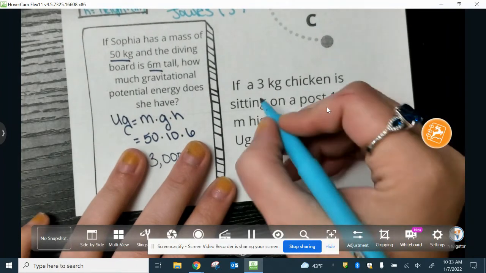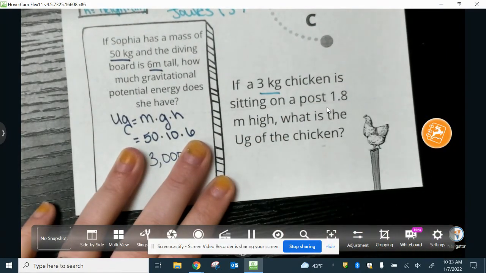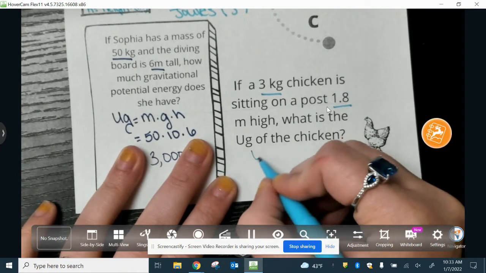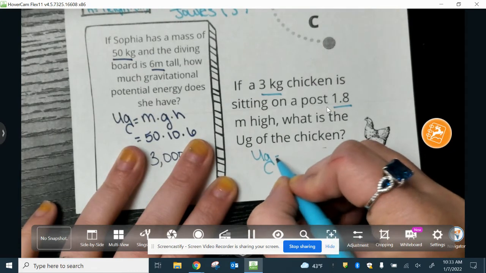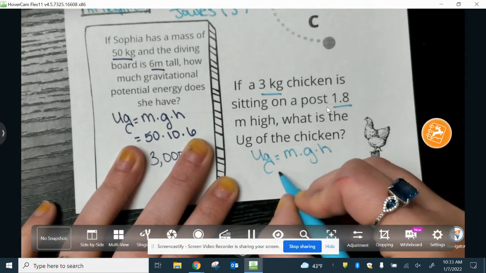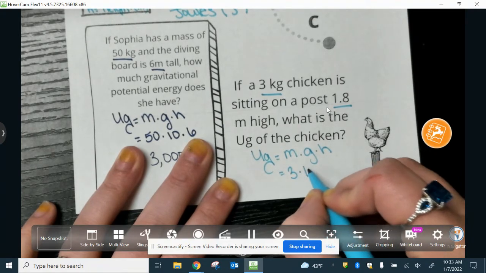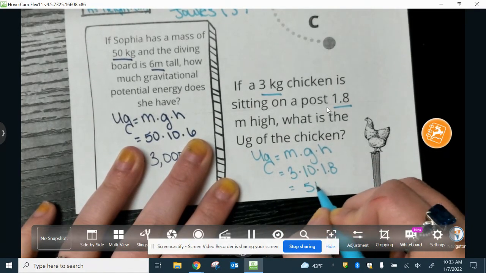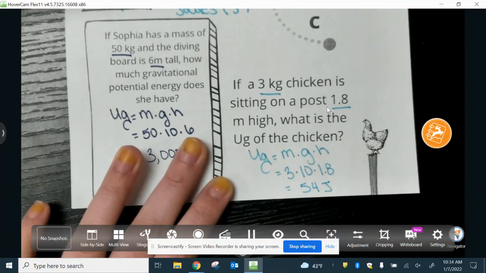If a 3-kilogram chicken is sitting on a post 1.8 meters high, what's the UG, the gravitational potential energy, of the chicken? 54. Very good. 54 joules.